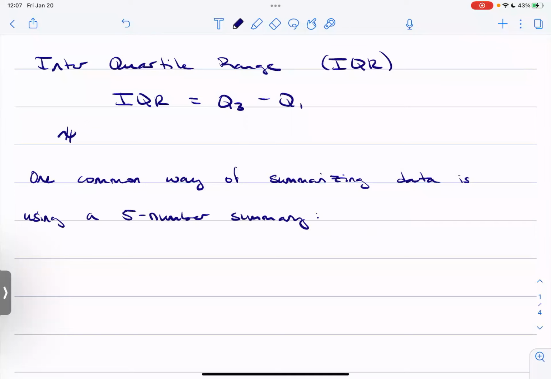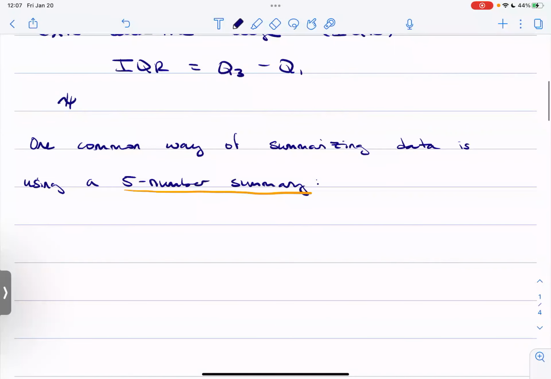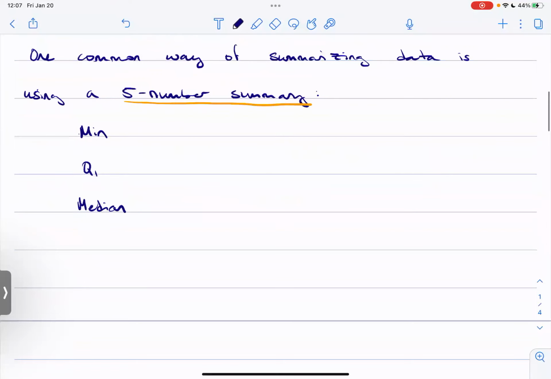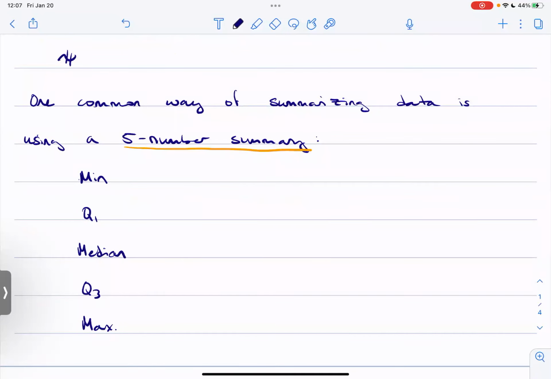We start with the minimum. You start with the minimum, then you list your Q1 and then your median. We're just going through those cutoff points that we found, then Q3 and then your maximum. So that's your 5-number summary.